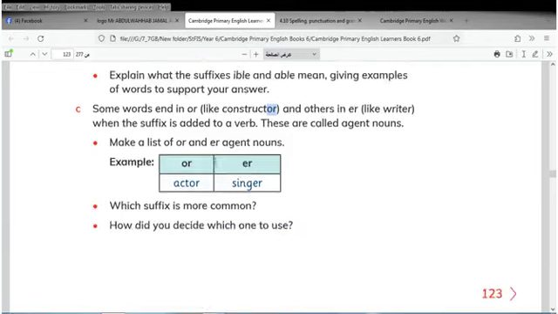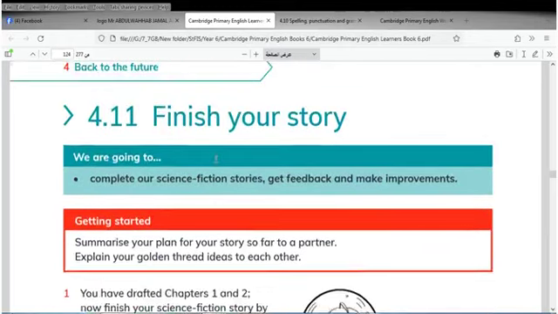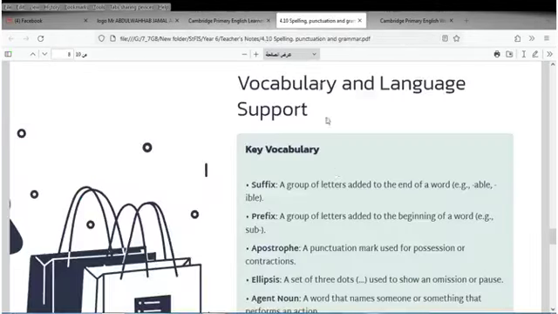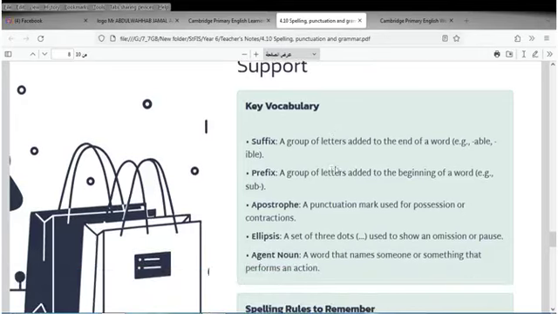Some vocabulary to understand or to remember what they are. Suffixes: a letter or a group of letters added to the end of the word, able or IBLE. And it will make a function. It can create nouns, pronouns, adjectives, adverbs, verbs, tenses.